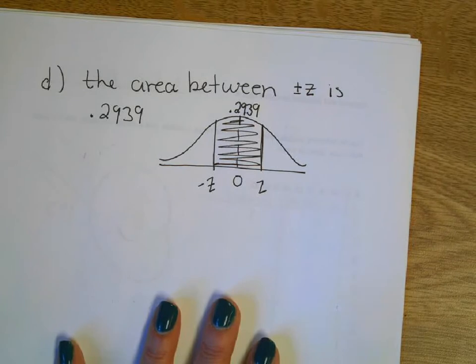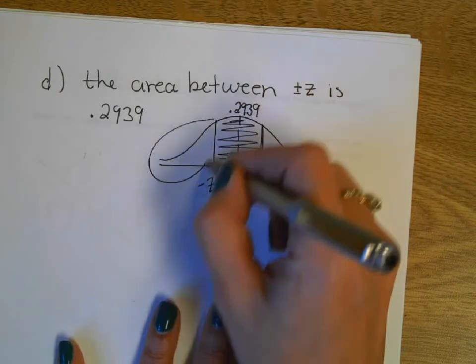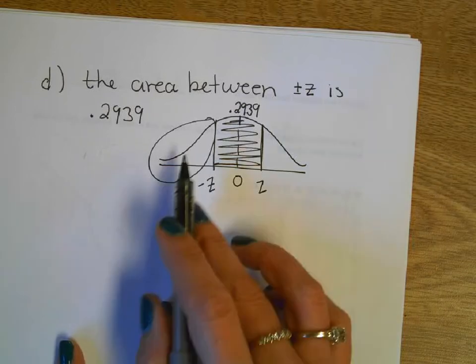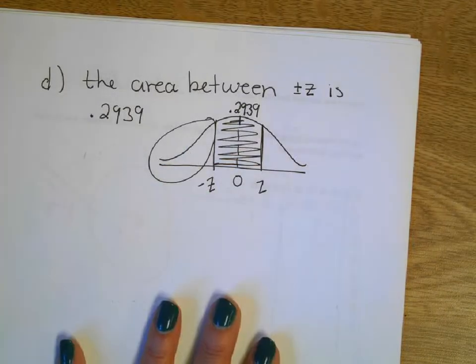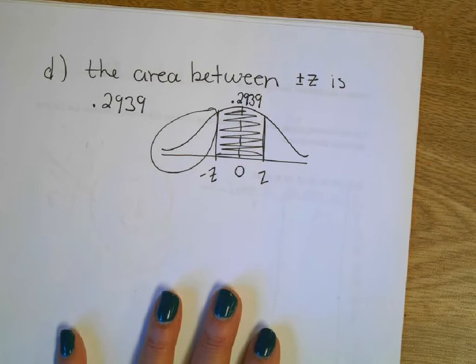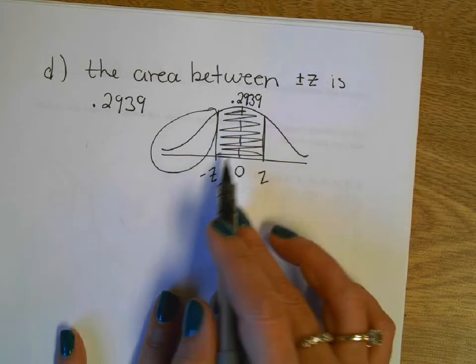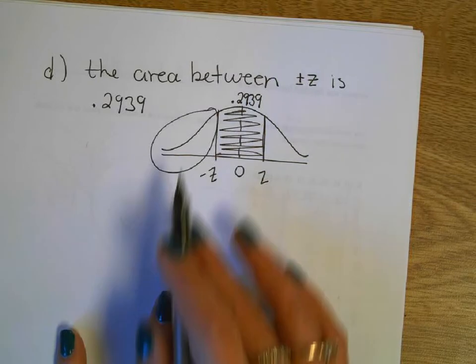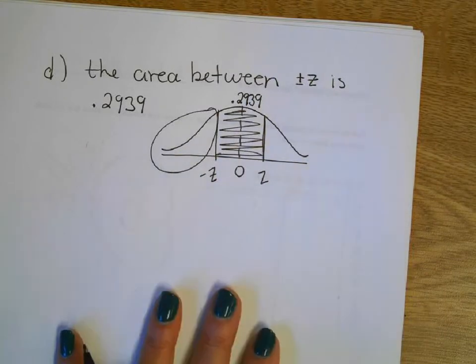The area that we need to figure out is this. So we can look it up. How do I get this area over here? If I divided that in half, that's going to give me this area. It'll give you negative z. What do you know about these 3 areas? There's a couple ways to get there.